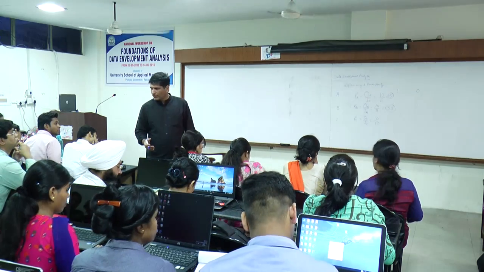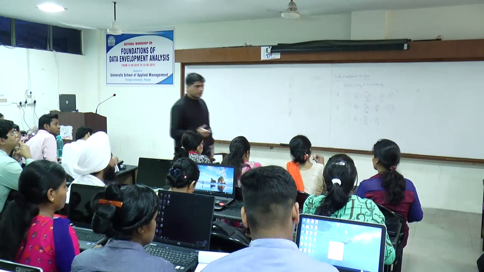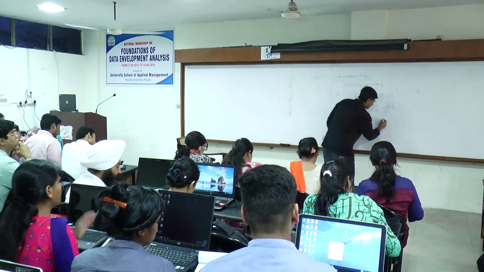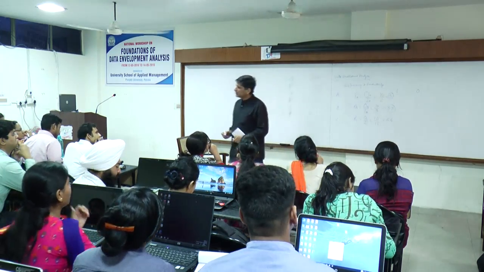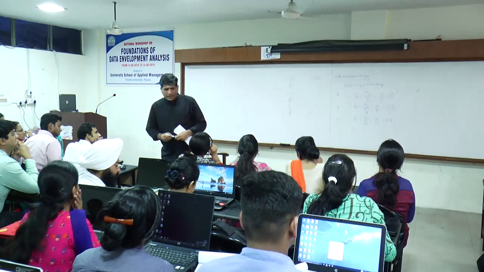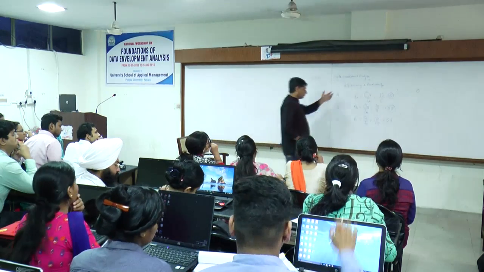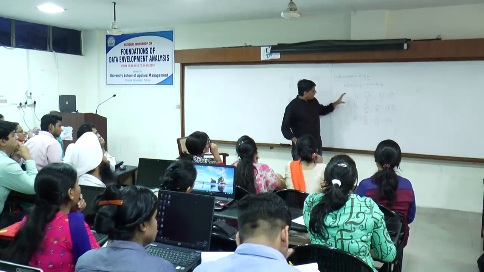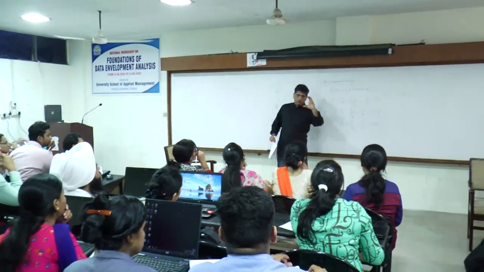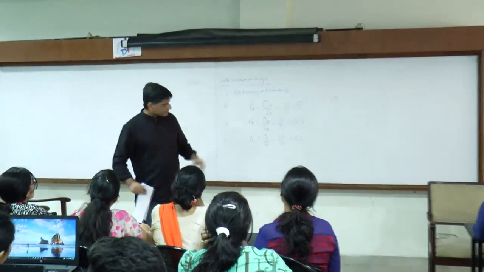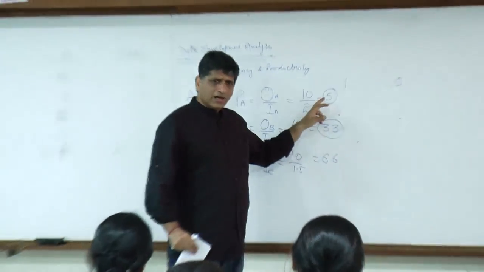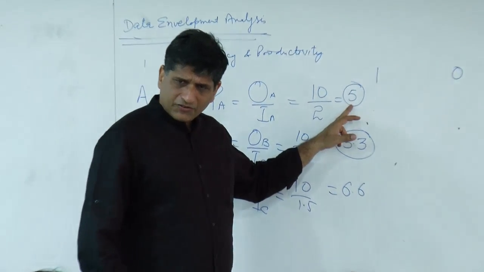What figure will you get? 6.6. Okay, 6.6. If we have a sample of size 2, then firm A was emerging as the efficient one.